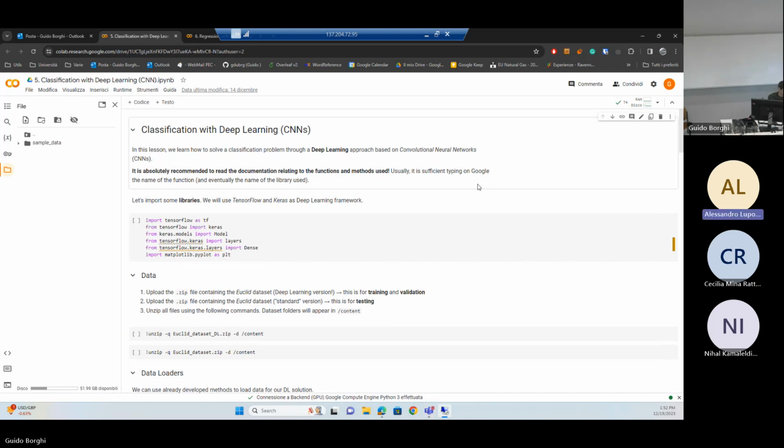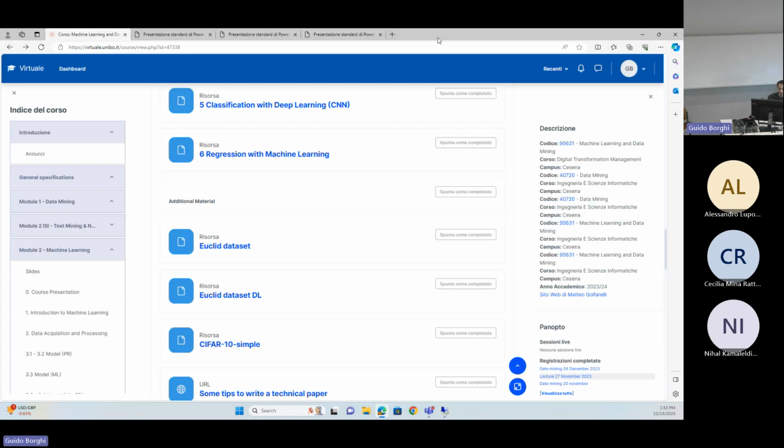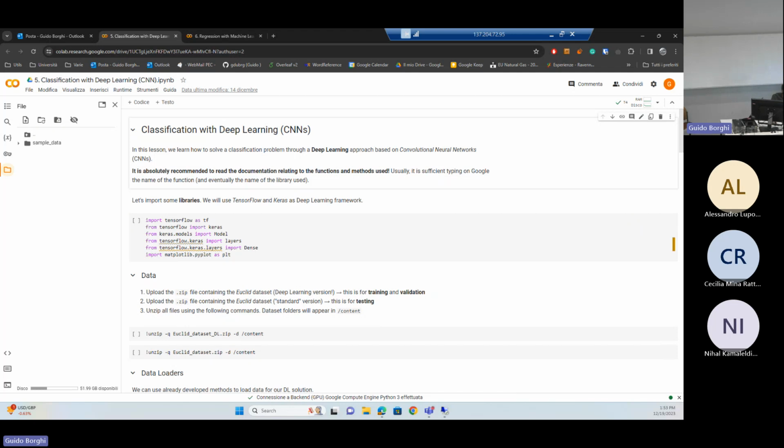Prof, can you hear me? I have a problem with the file because I click on it, but it redirects me to a notes page. Let me change. You can click with the right button and then download the file, but I can also change it to force the download.